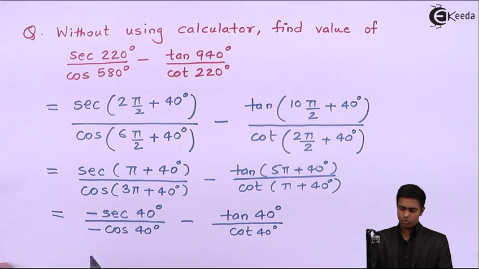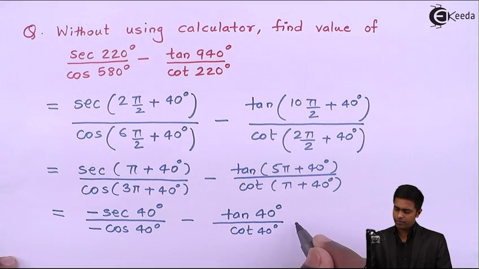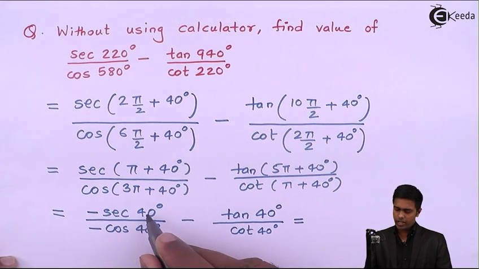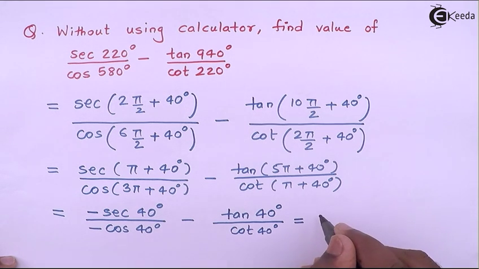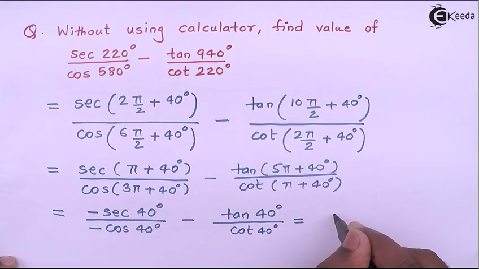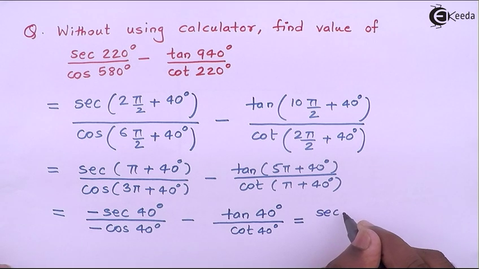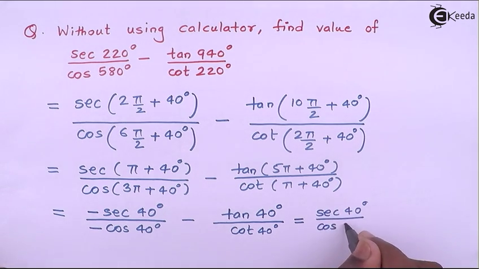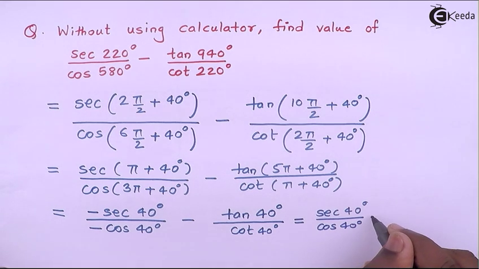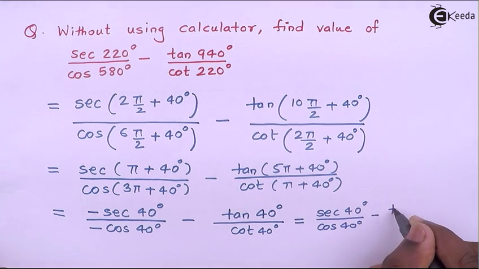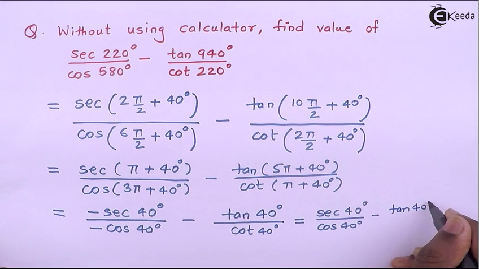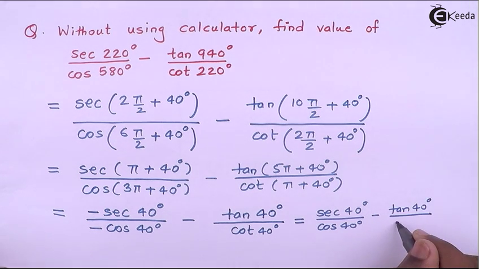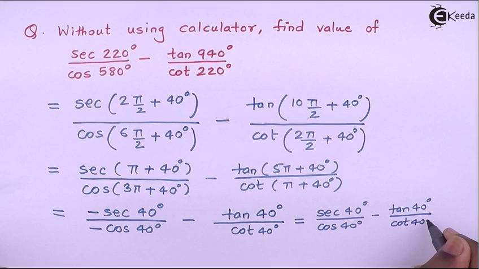Now let's solve it. Negative and negative will become positive. So we have positive sec of 40 degree upon cos of 40 degree minus tan of 40 degree upon cot of 40 degree.